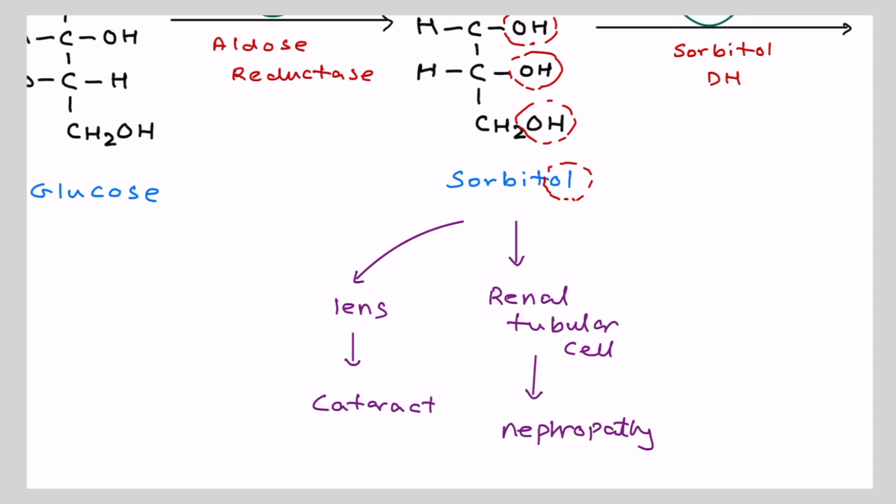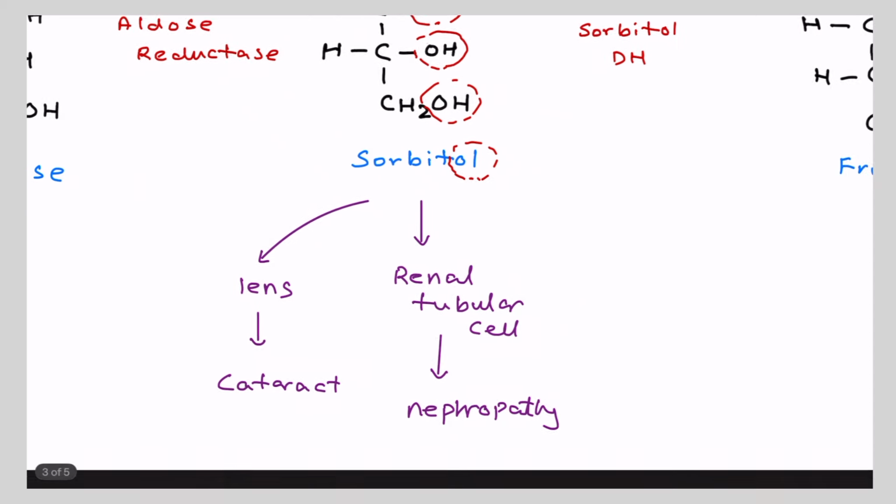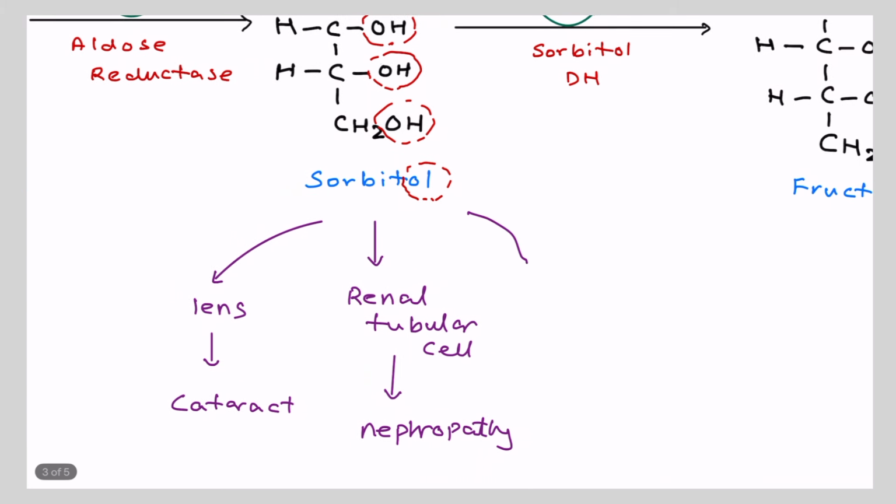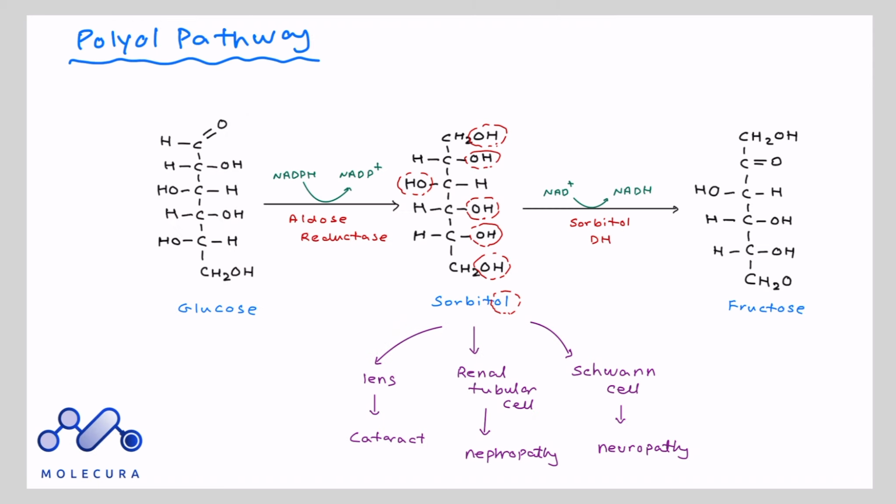Another type of cell which has low amount of sorbitol dehydrogenase is going to be the Schwann cells. The Schwann cells of the neurons. And this is going to end up giving you neuropathy. The same thing is going to be true of the retina as well. So these are some examples of tissues which are going to have low sorbitol dehydrogenase.